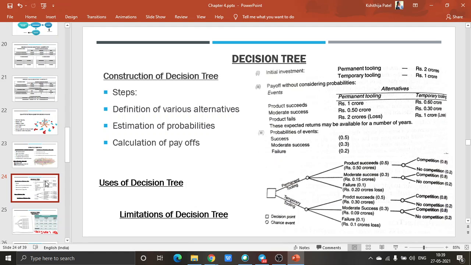Even though the decision tree is simple in doing, it is complex in application. And it can become so complex that relationships among various events and alternatives cannot be established at all. There are chances that there can be too many alternatives sometimes. And even with simple two or three branch trees, the tree can be quite complex. So these are some of the problems.